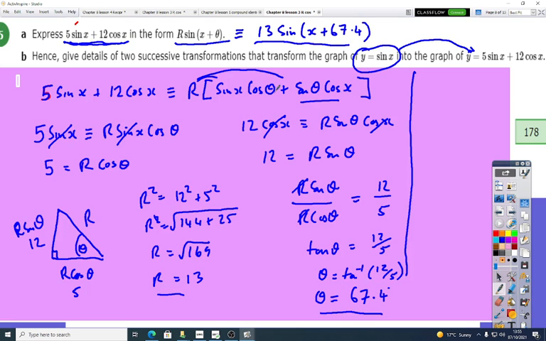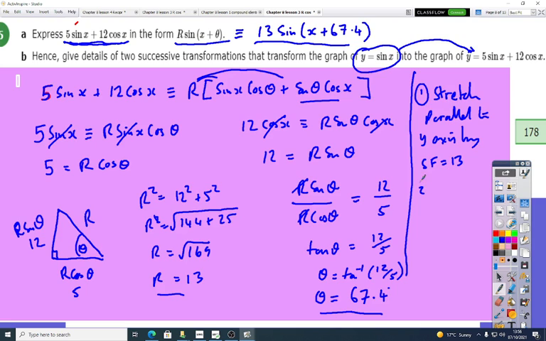So the successive transformations, what you would do is, first of all, number one, stretch parallel to the y-axis by scale factor 13. So you stretch this by 13.